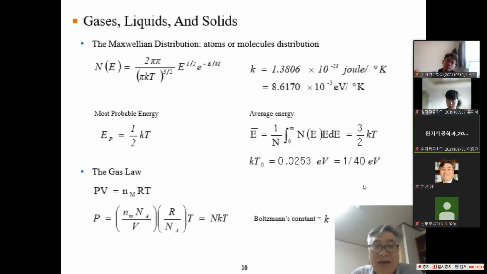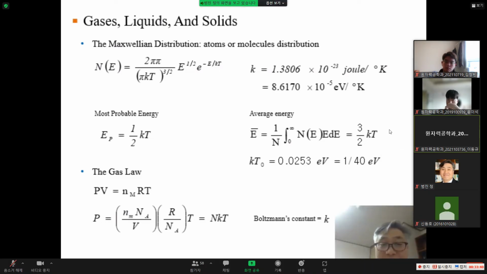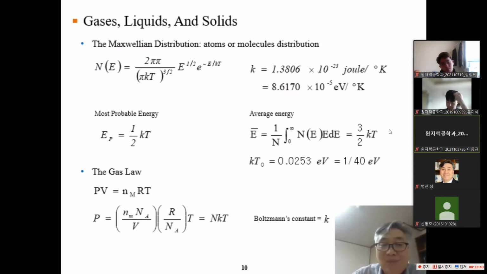When we have a Maxwellian distribution, we can calculate the most probable energy and the average energy. The most probable energy can be calculated like this: we differentiate the above equation Ne with respect to E and find the E that makes the differentiated equation equal 0. In that way, we can calculate the most probable energy.